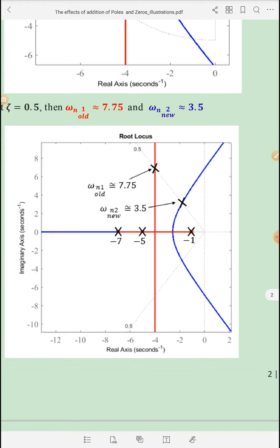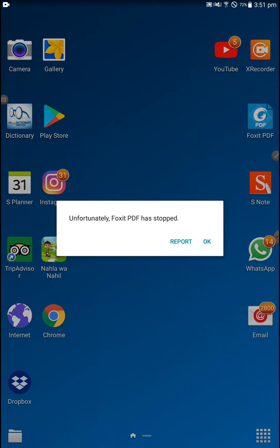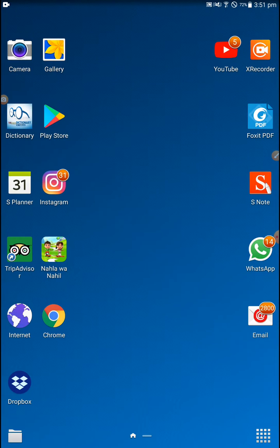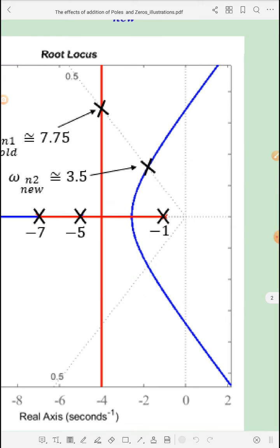While if omega n is reduced, then, as I mentioned, this is omega n new, which is 3.5, and this is omega n old, which is 7.75, and omega n new is less than omega n old.